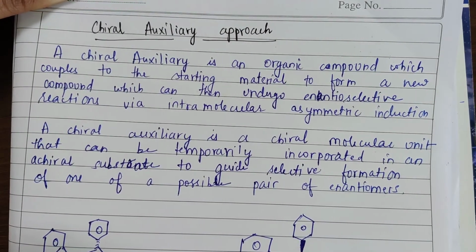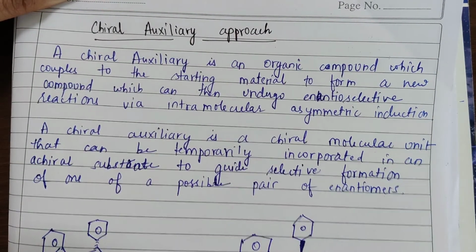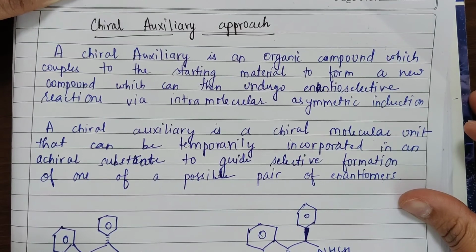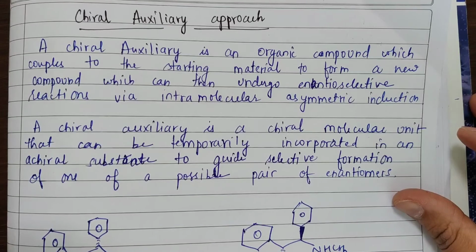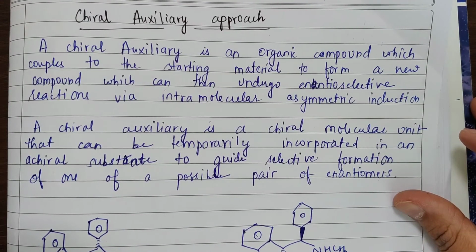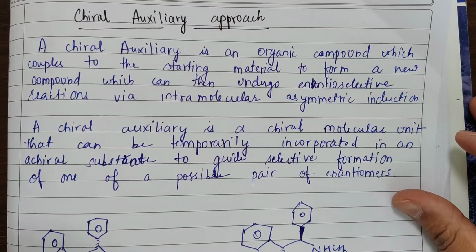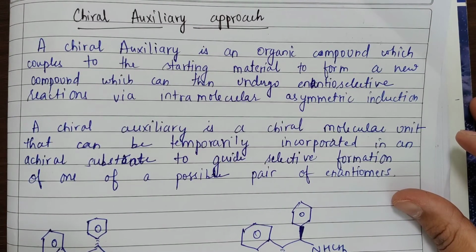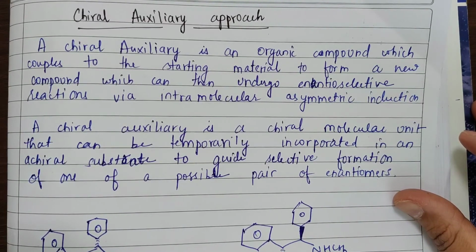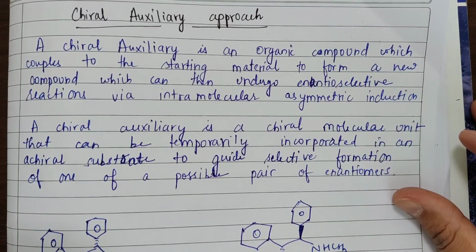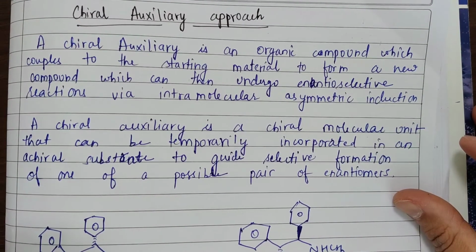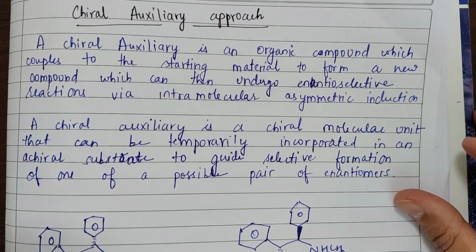For the chiral auxiliary approach, we use an organic compound which is chiral, or you can say optically active, and we club it with the starting material that is not a chiral substance, and then we perform a reaction which is enantioselective.